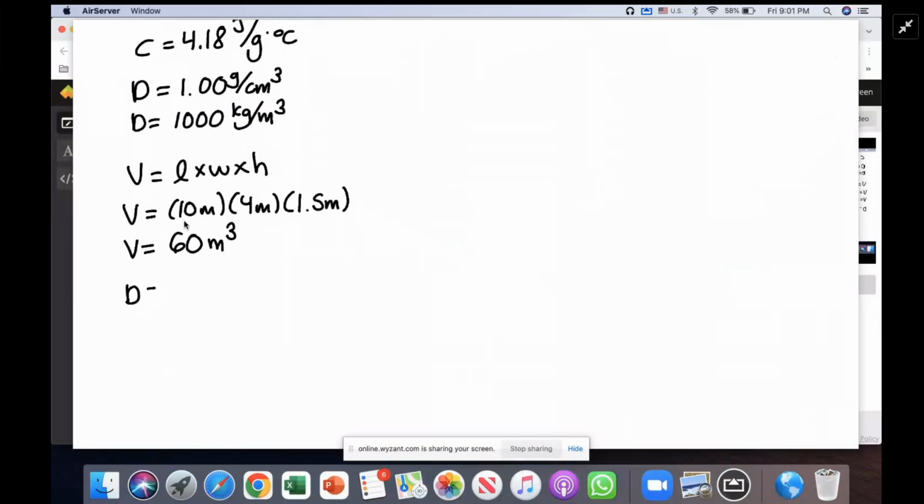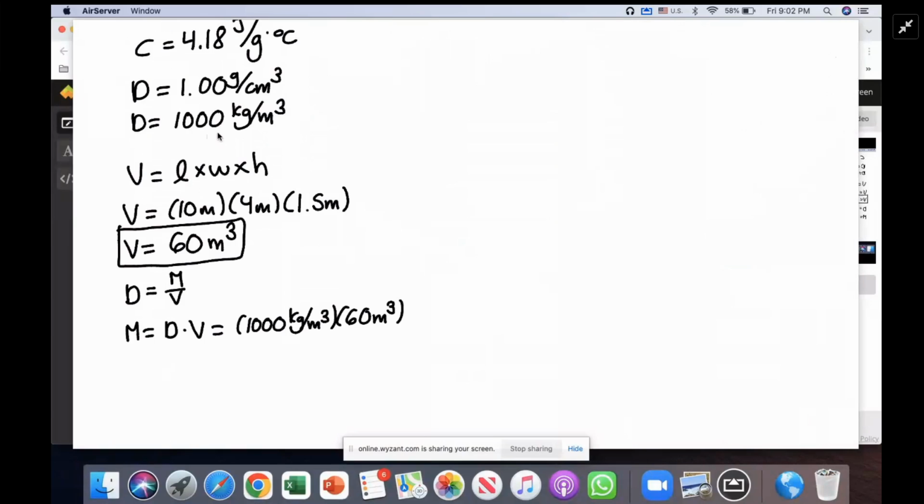So I have density is mass over volume. Doing my algebra, I see that the mass is going to be the density times the volume. We know the density of water is 1,000 kilograms per meter cubed, and we just found the volume. So we plug that in and find the mass.